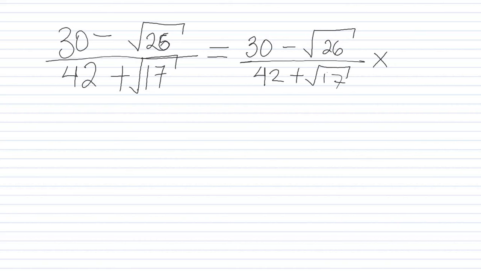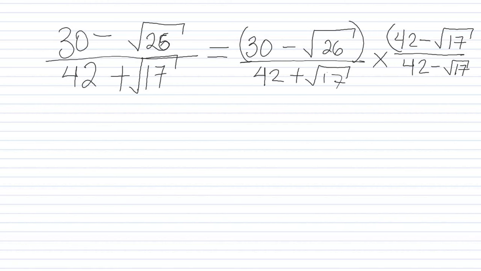So multiply the numerator and the denominator by 42 minus the square root of 17, over 42 minus the square root of 17. Then you multiply the two numerators together, and the two denominators together. This is what you do when you deal with radicals.